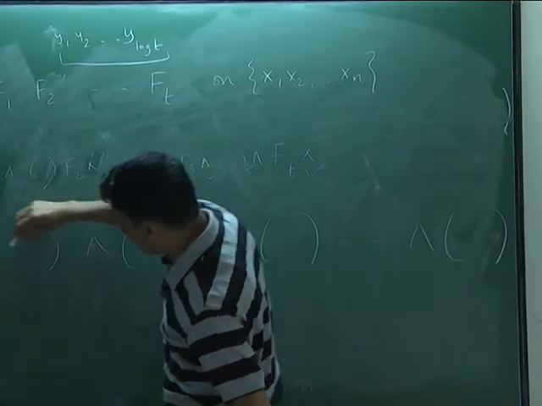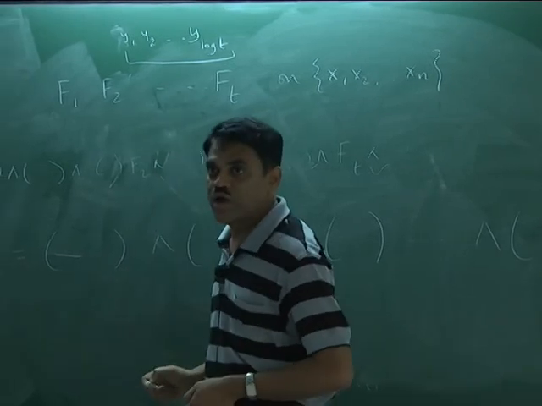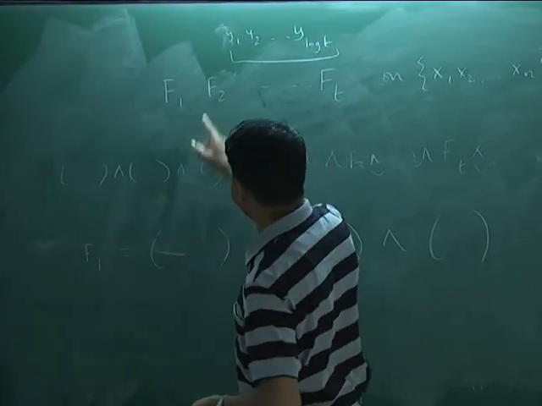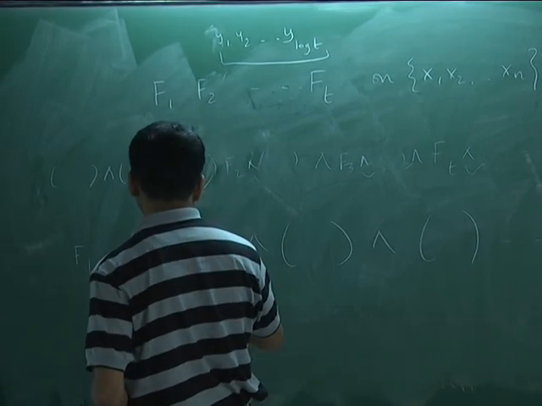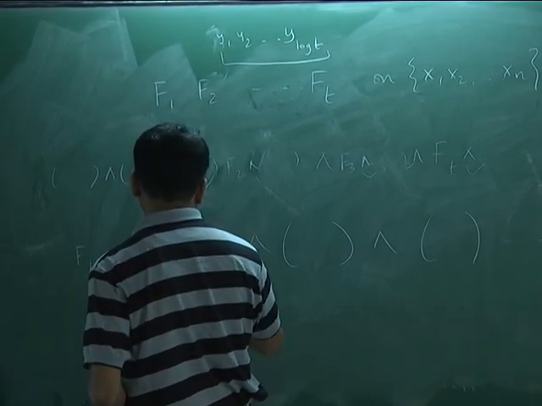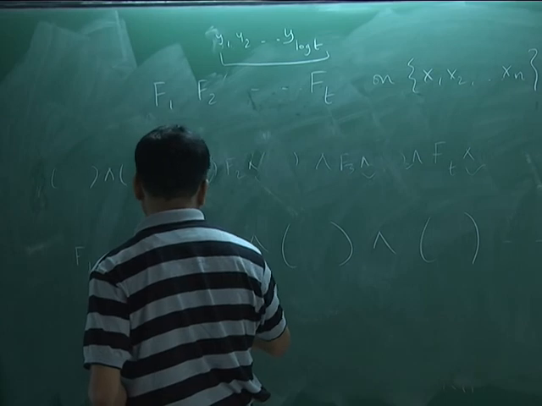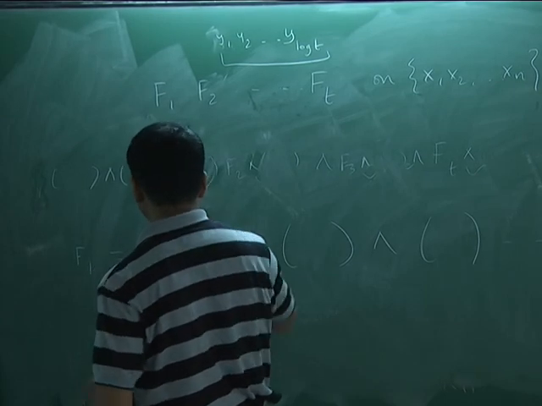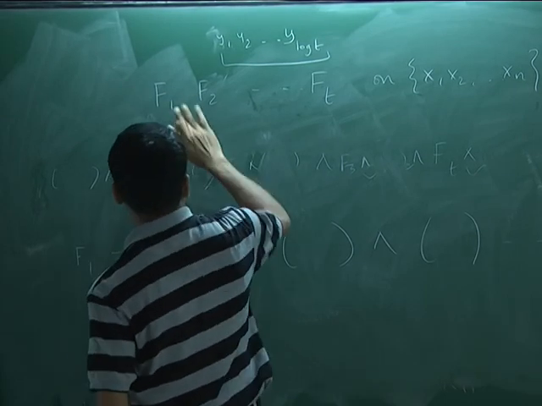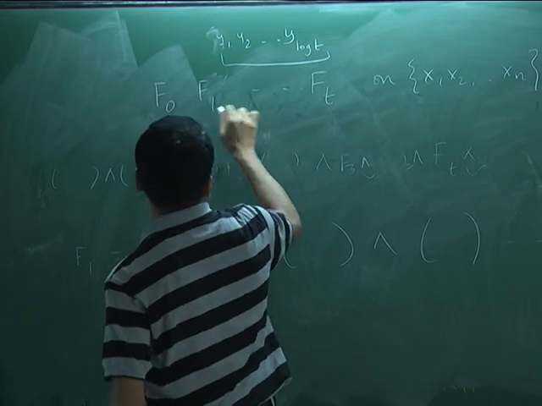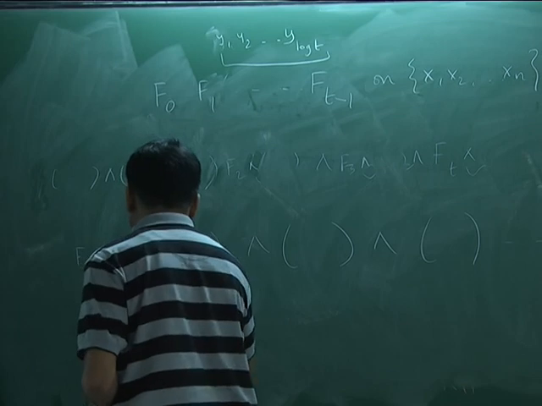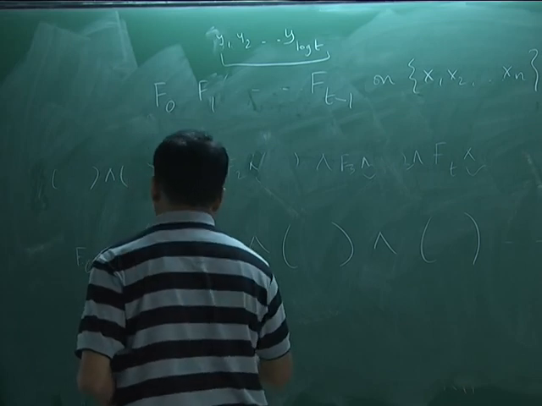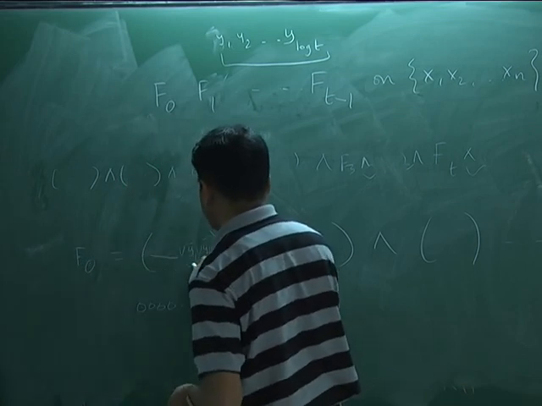Now, along with all the original variables, I am going to add its ID based on the y's. Why don't I call these F0, F1, up to Ft minus 1. Since it is F0, its ID is 0 0 0 0 0 0. So all the yi's are going to appear as bar here.